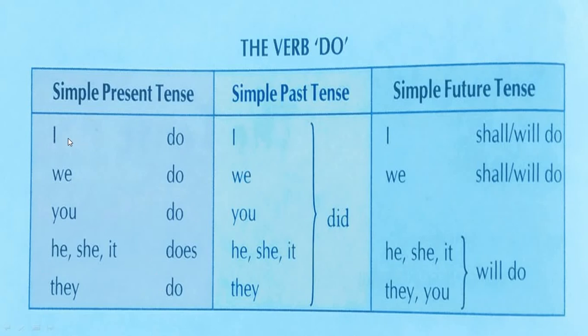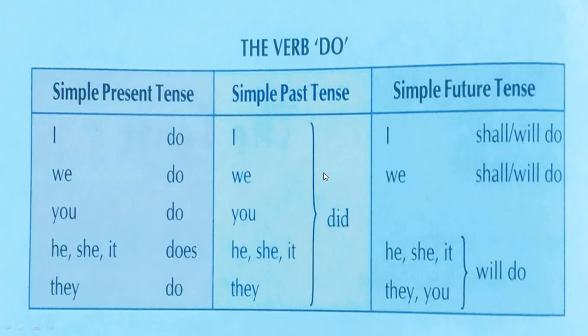But with I, we always use do. With you, even if it is singular, we use do. So I do, we do, you do, he, she, it is singular, so we use does. They do.